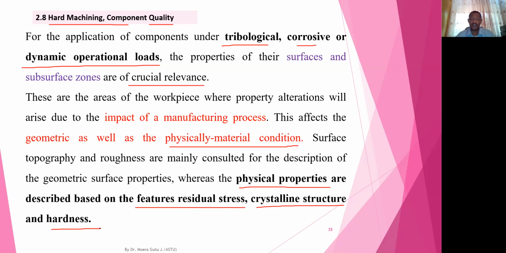You have to differentiate this. The physical properties include residual stress in the workpiece material. And crystalline structure means, after machining, what is the grain structure? Is it a fine or coarse grain surface? Also, is it hardness? Is a less hard or a more hard machined surface generated? This will determine it.